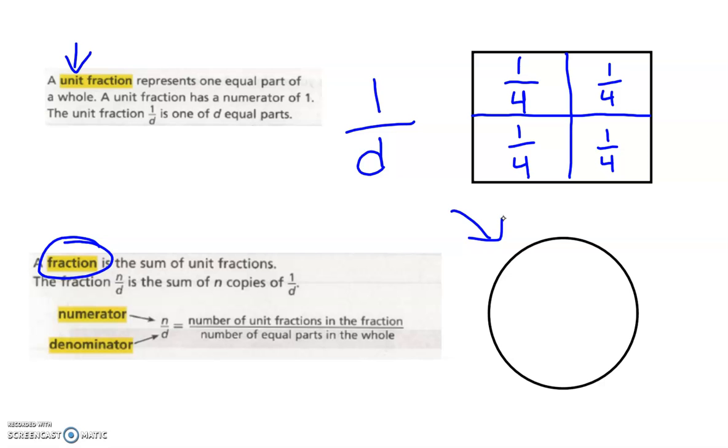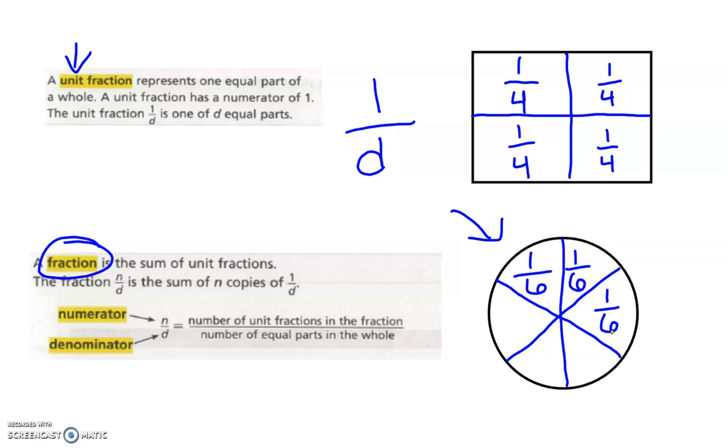So let's say that your family orders a pizza, obviously for takeout, because we can't go to restaurants right now, and there are 6 of us all together, so we want to make sure that everybody can have at least 1 slice of pizza, okay? So that means then that my fractional part is going to be 1 slice. And how many pieces were the pizza cut into? It was cut into 6. So that means that each one of us eating a slice of pizza is going to have 1/6 of the original.